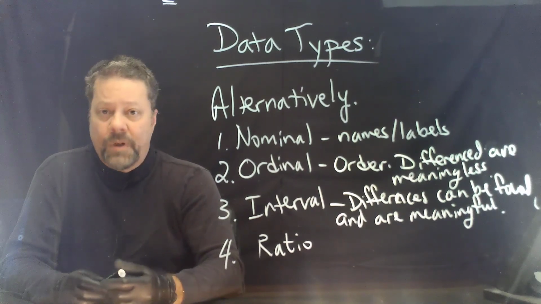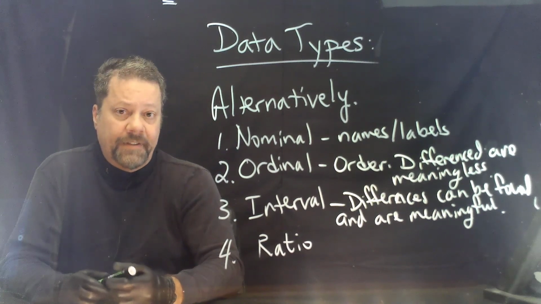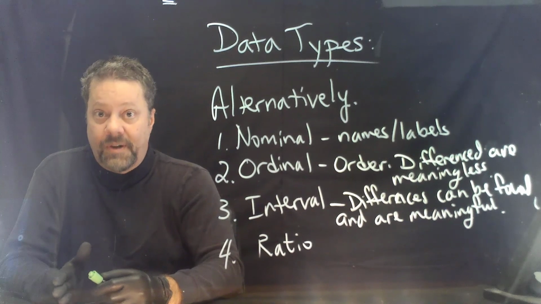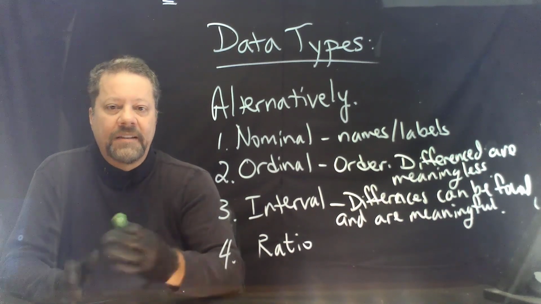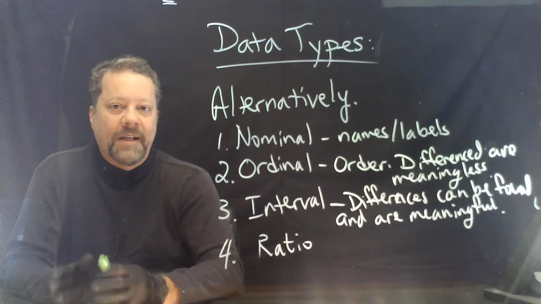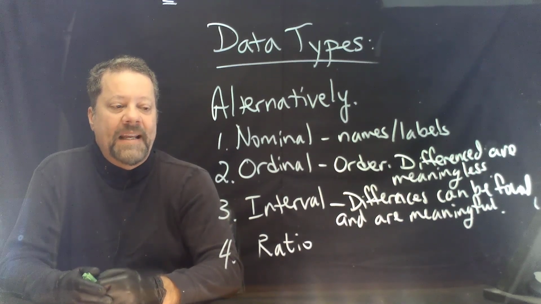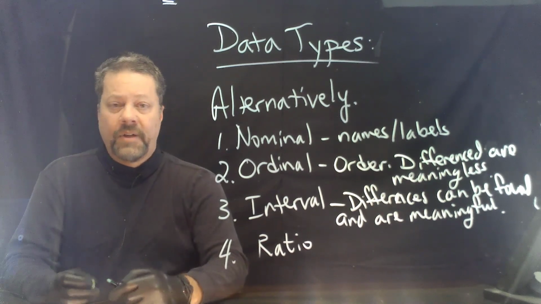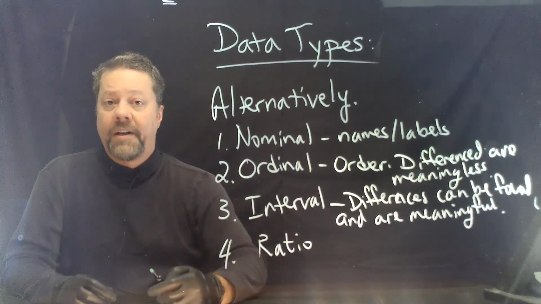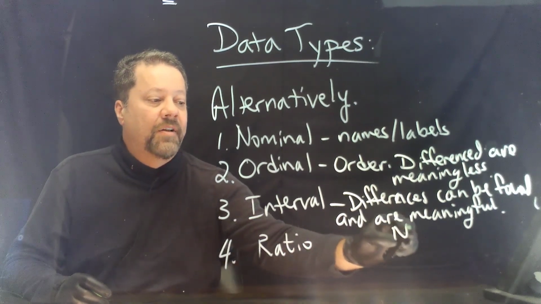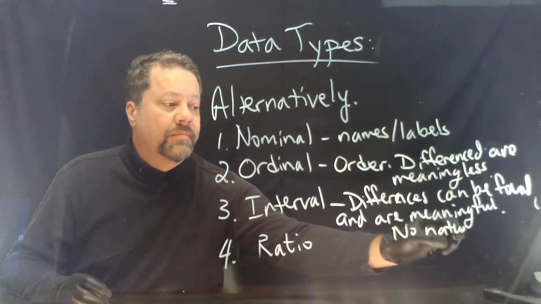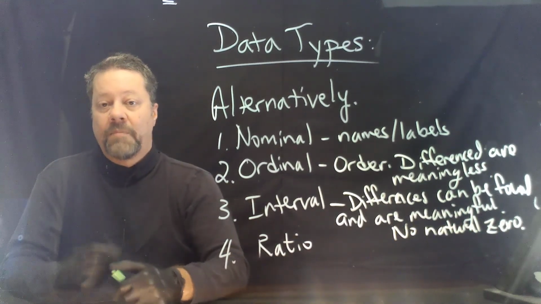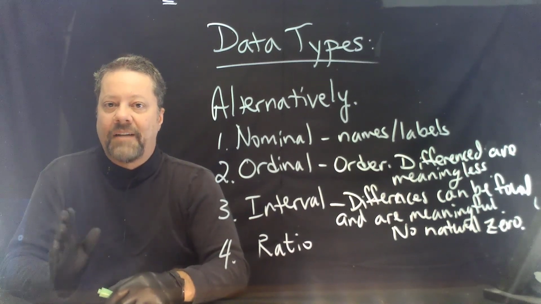It would make much more difference if we used degrees Kelvin. In the Kelvin temperature scale, 0 is absolute 0. And so there, different ratios of those temperatures might make a lot more difference, have a lot more meaning than ratios of degrees Fahrenheit. So a classic characteristic of interval data is that there is no natural 0. Or it could have a 0, but it's not natural, it's kind of randomly chosen.